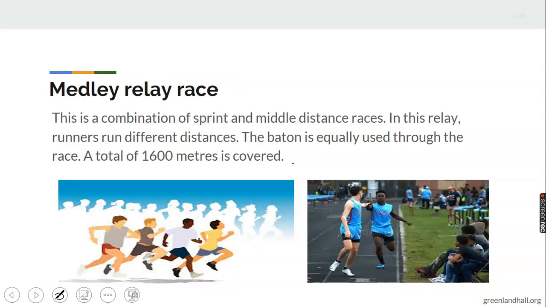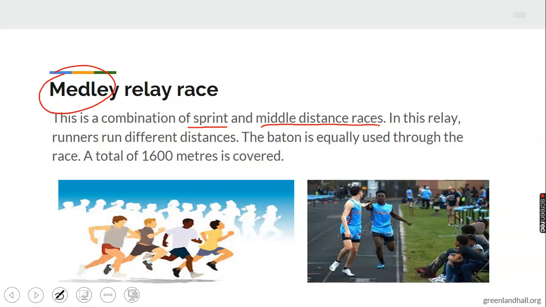There's also what we refer to as the medley relay race. The word medley means a mix of various kinds of race. Now, this is a combination of sprints, and we have middle distance races. I told you the word medley means combination, comprising more than one.